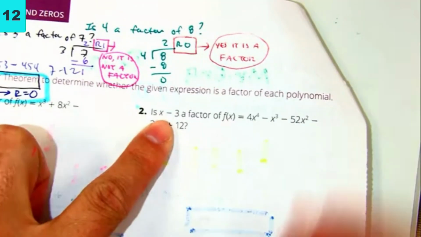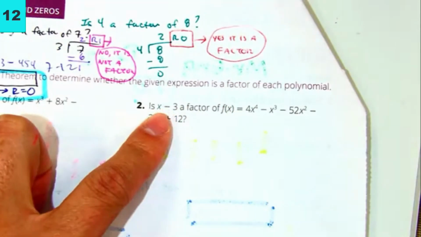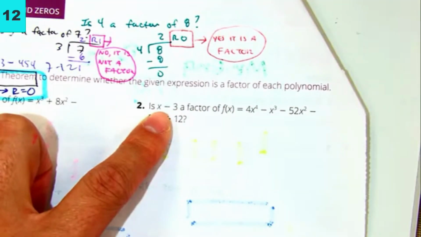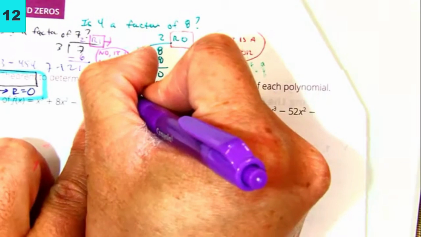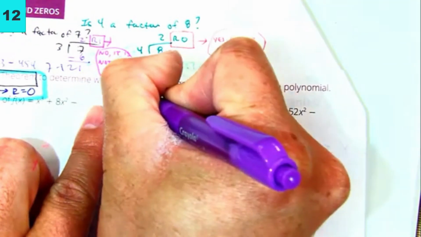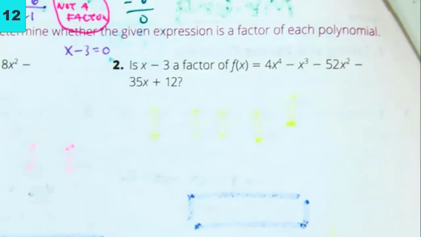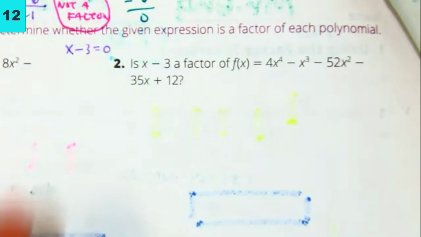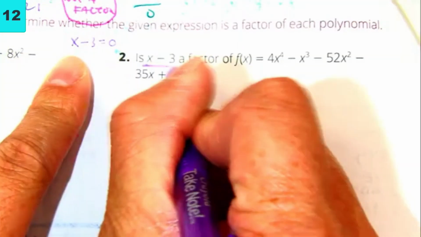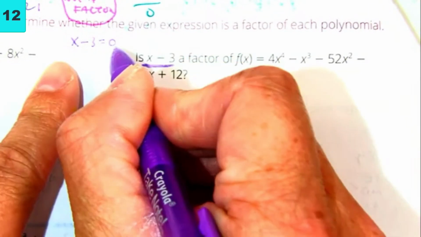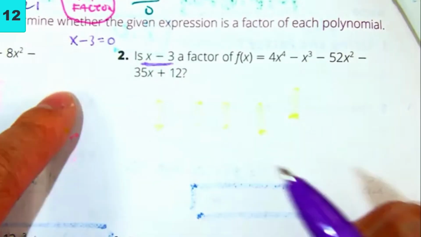Now, this is a factor, x minus 3. We're asking if it's a factor, x minus 3, and we're going to set it equal to 0. Everyone say set it equal to 0. If I set this equal to 0, x minus 3 equals 0, then how do I solve for x?